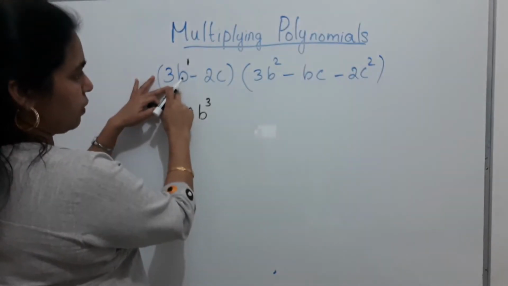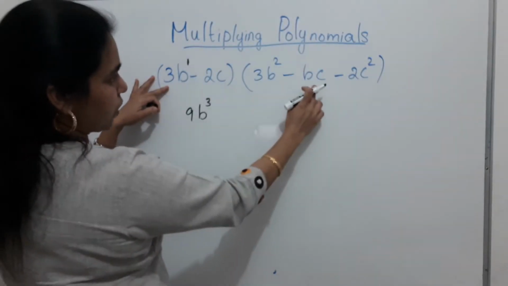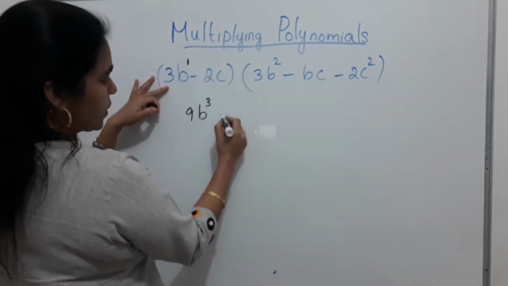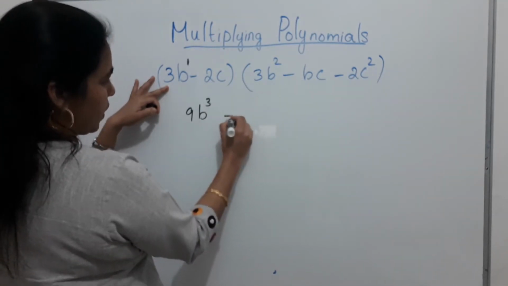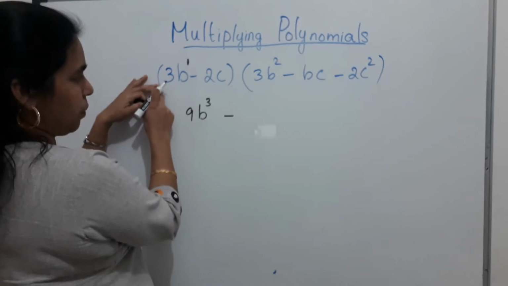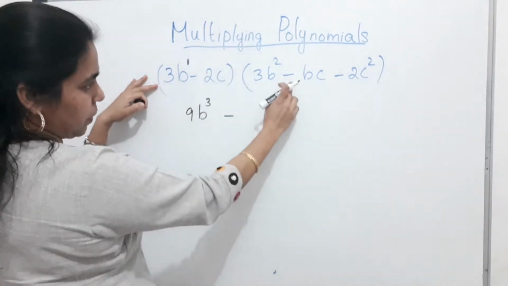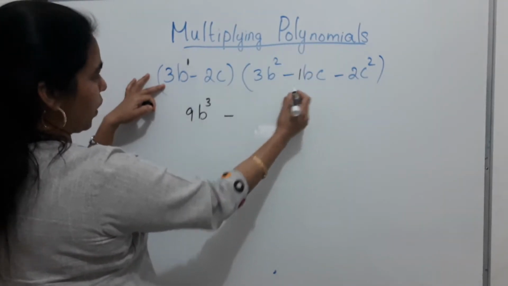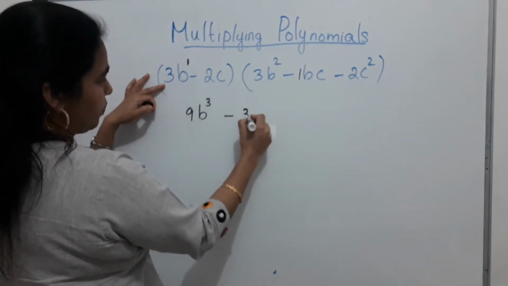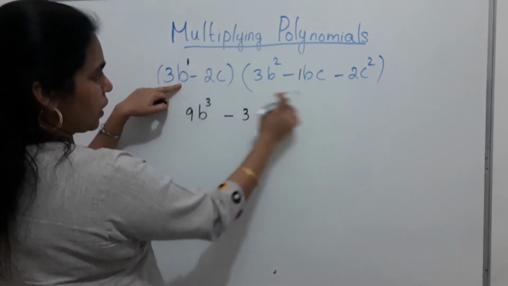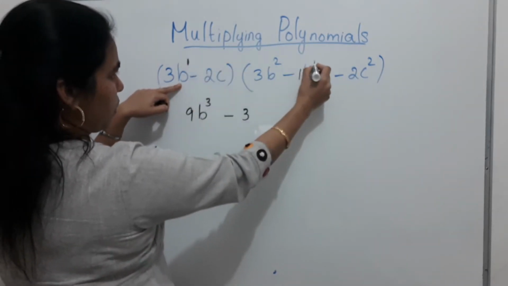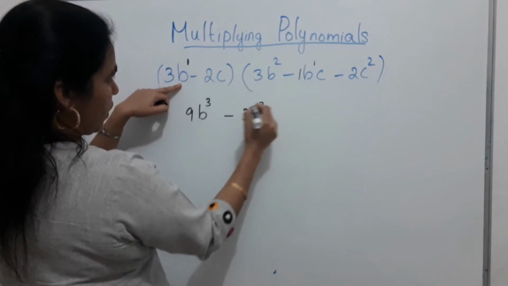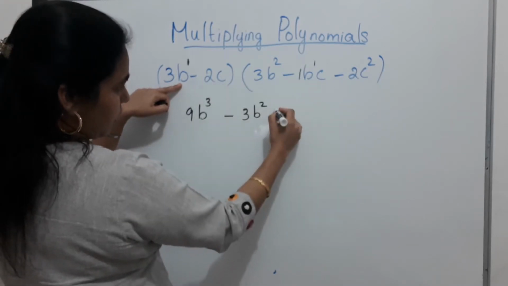And then you have to multiply 3b with bc. What is the sign in between? Minus, and this one has a plus sign, so minus and plus will be minus. So 3 times 1, since this has a coefficient 1, is 3. And you have b here and also here, so 1 plus 1 will be b squared, and then c is also there.